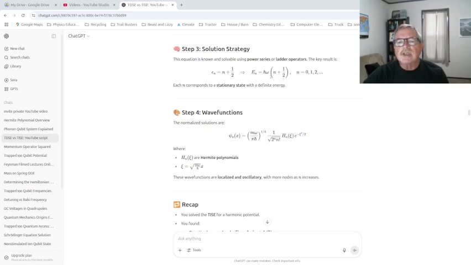The solution is a series of energies separated from one another. This is exactly what happens in the quantum mechanical world. You don't have a continuous range of energies. You have discrete energies that are possible, and those in between just don't happen.